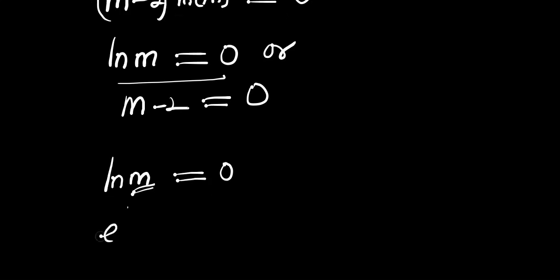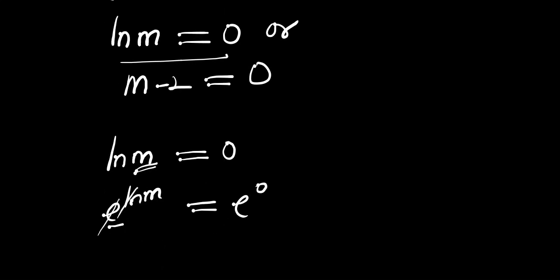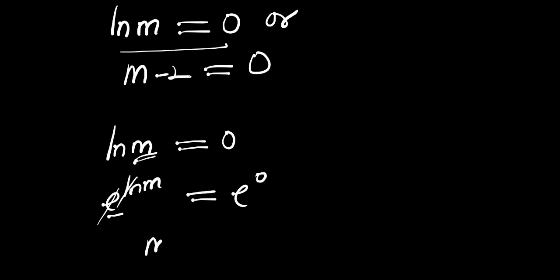If you have e power ln of m is equal to e power 0, by having this e here, the ln here, this e will cancel this ln, and what you are going to have left is simply m is equal to e to the power of 0, which is 1. So that means from this particular equation you have m is equal to what? 1.